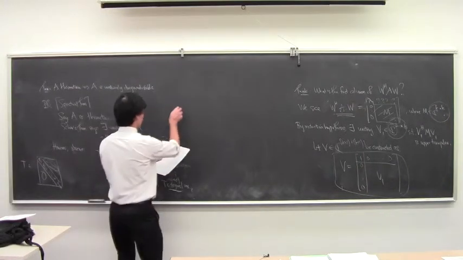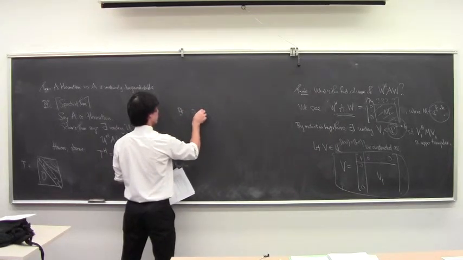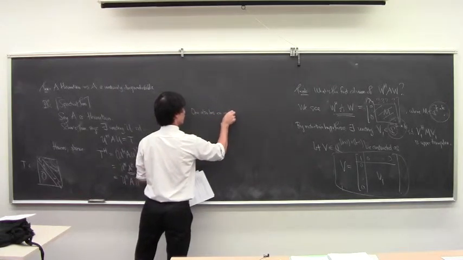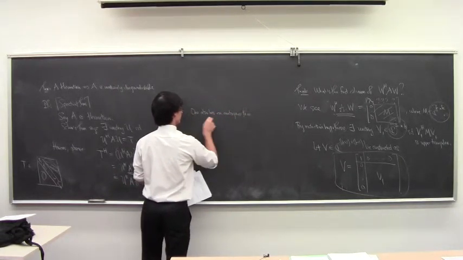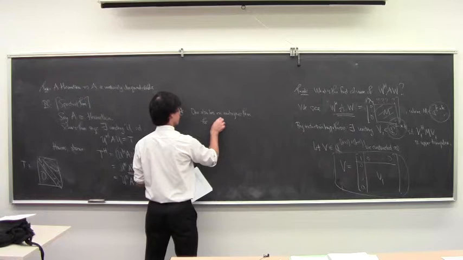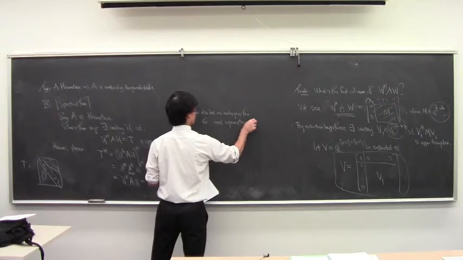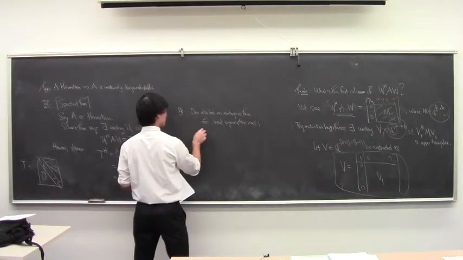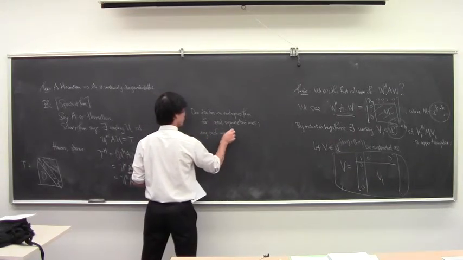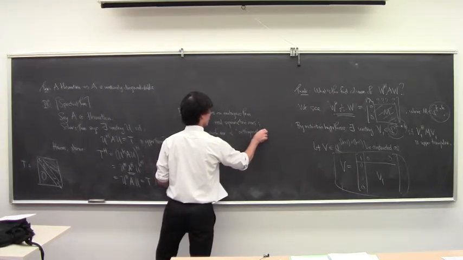I should make a comment. I don't know if we'll do this, but there's also an analogous theorem for symmetric matrices, real symmetric matrices. That any such matrix is orthogonally diagonalizable.